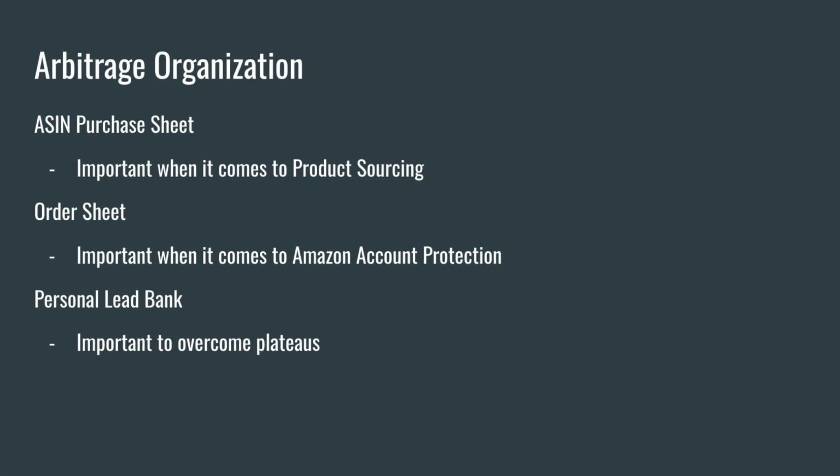So you keep track of those potential products as well, so that when there is a big sale, and there will be a big sale at some point in the year, like Black Friday, for example, you can capitalize on those products right away. You don't have to go and source. You just know exactly where they are because you kept a potential lead bank right there, and you can just refer back to it and purchase those products when you do have them at that cheaper price that you need. Super underrated list, in my opinion, to create, but for those of you that do take the time to do it, it will be very fruitful.